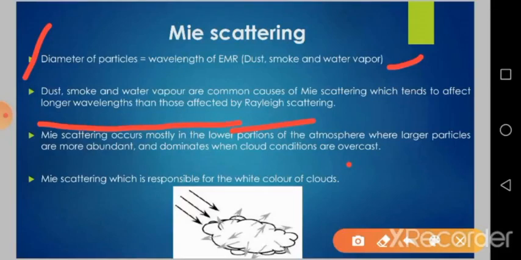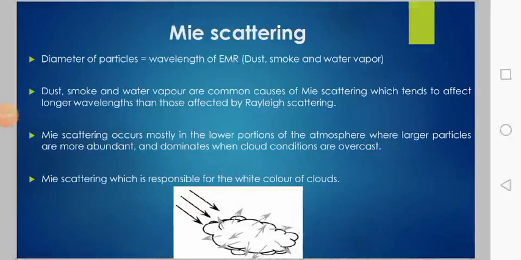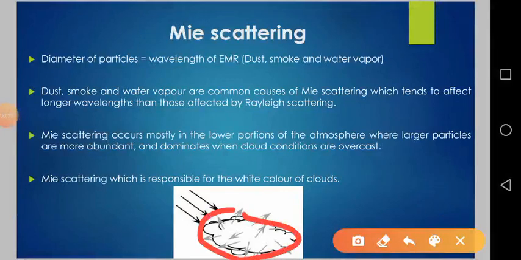Here Mie scattering is very important, by virtue of which the color of the cloud appears to be white. This is due to the fact that the clouds normally contain water vapors, and the size of these water vapors may be equivalent to the wavelength of the electromagnetic radiation.